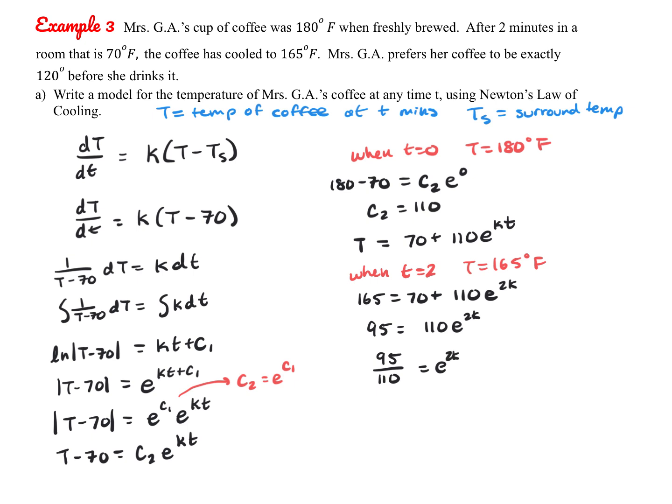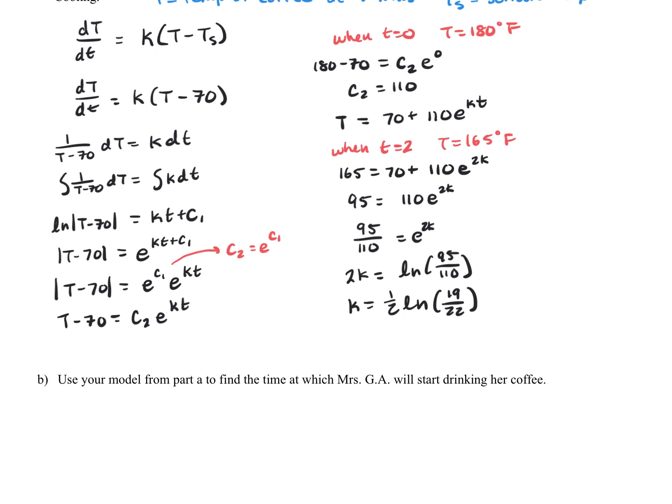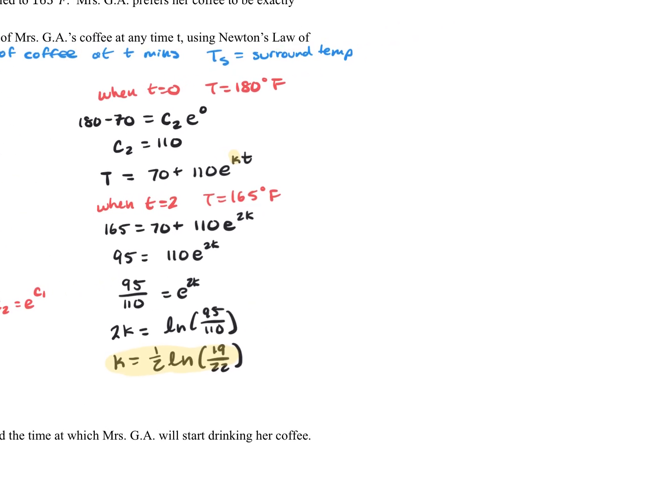And then here we could say 2k equals the natural log of 95 over 110. So k is equal to 1/2 of the natural log, and if I simplify this, it's 19 over 22. All right, so now that we have our k value, I'm going to go back and substitute it here, and then we could do a little bit more simplifying to get our model.